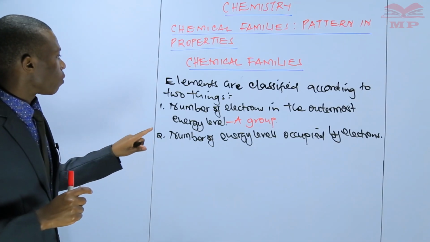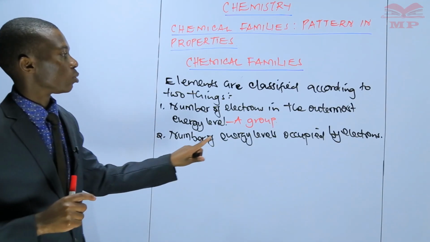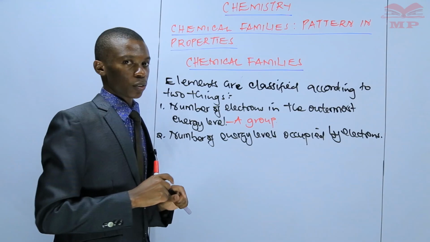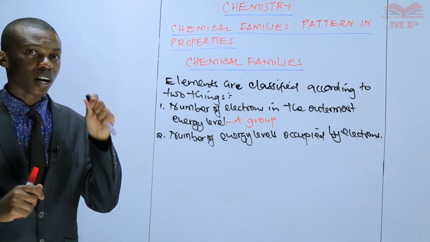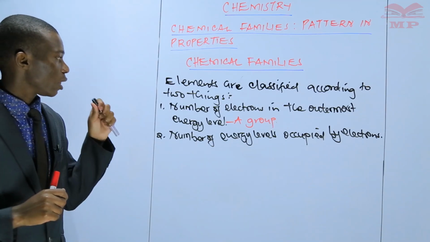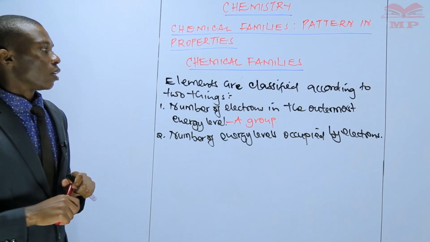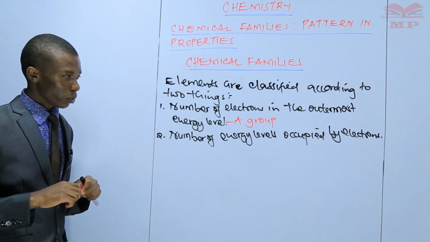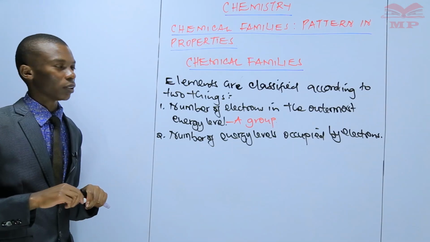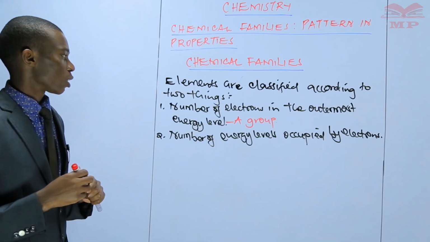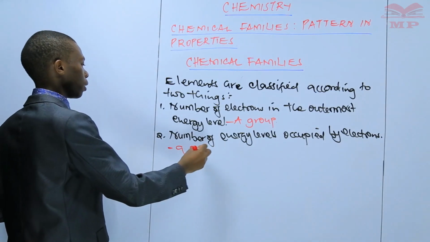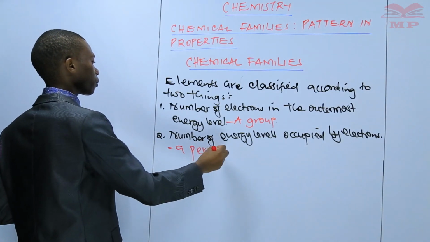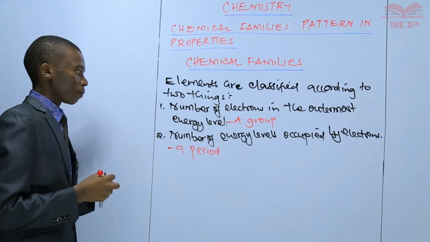Second, the number of energy levels which are occupied by electrons. Again, elements in a periodic table are classified according to the number of energy levels which are occupied by the electrons. This classification forms what we call a period.